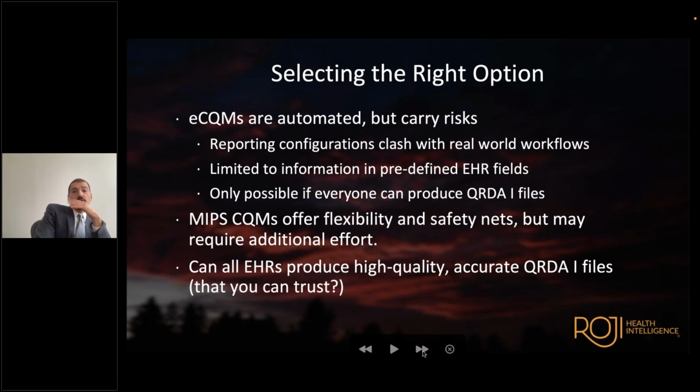The ECQMs, they're automated, but that carries risks. So reporting configurations clash with real world workflows, and I'll give an example. We have a client, and it didn't make sense how few blood pressure results we were getting. It's something that we expected to get at a very high rate, and we just weren't.